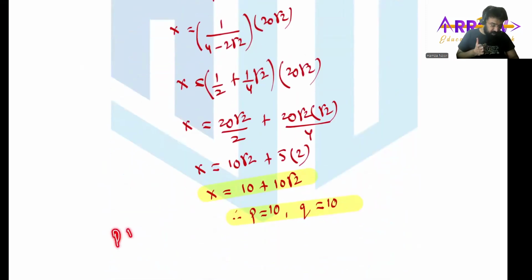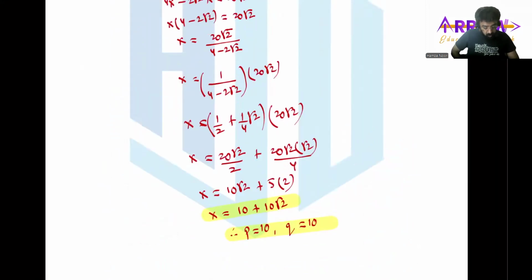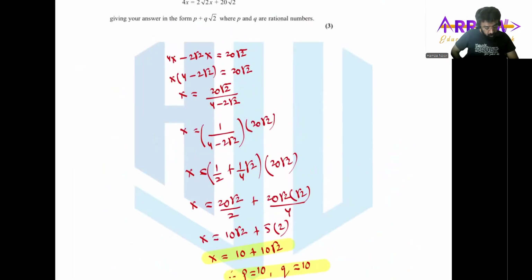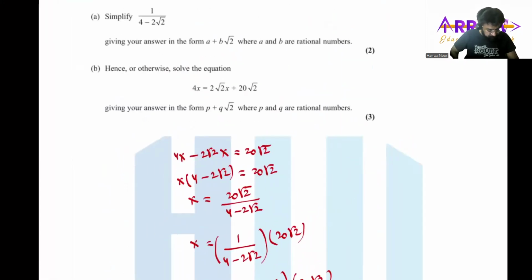P comes first, then the form of q root 2. So x is equal to 10 plus 10 root 2. Therefore, if we make a comparison, p is equal to 10 and q is also equal to 10. This is supposed to be our answer to part B.